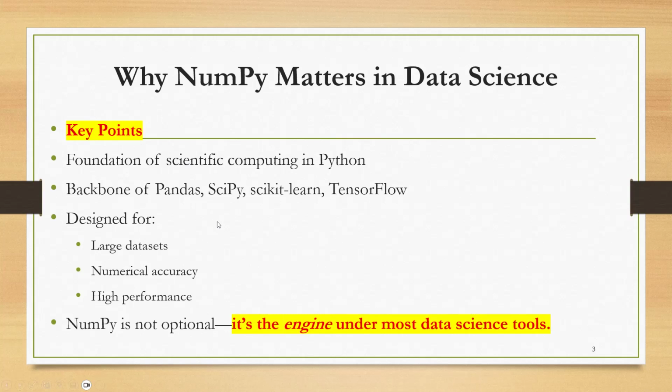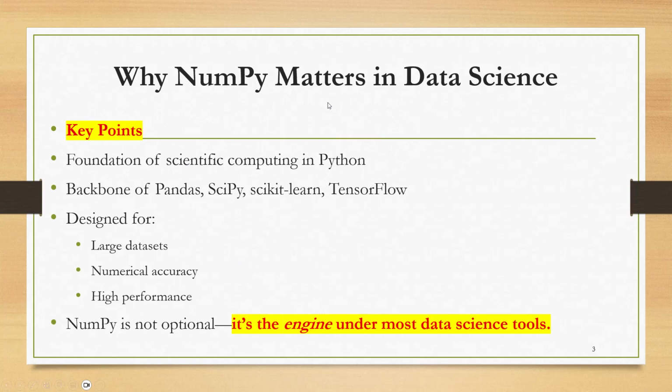So NumPy stands for Numerical Python. Numerical, Py is Python. It's a library for handling large multi-dimensional arrays and matrices. Arrays and matrices, yeah. That's what I can say here, unless there are any questions.